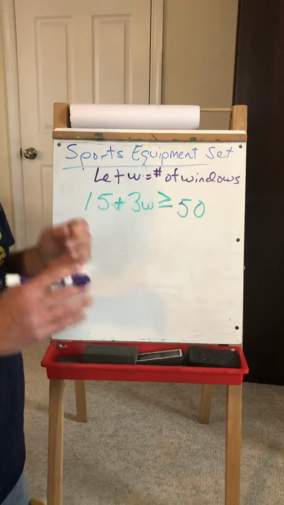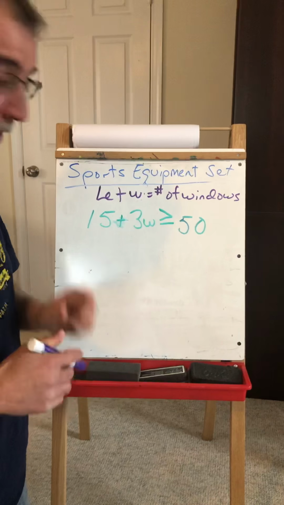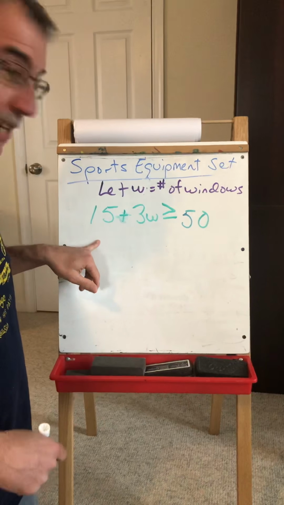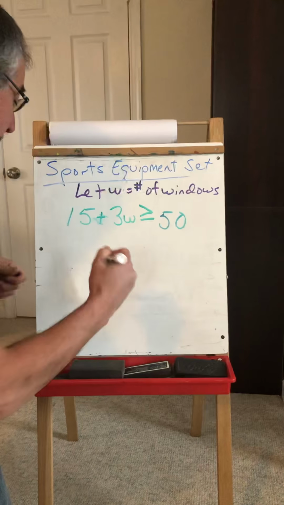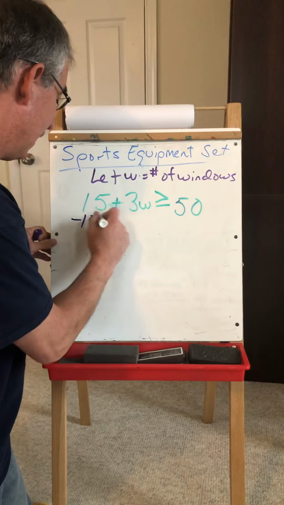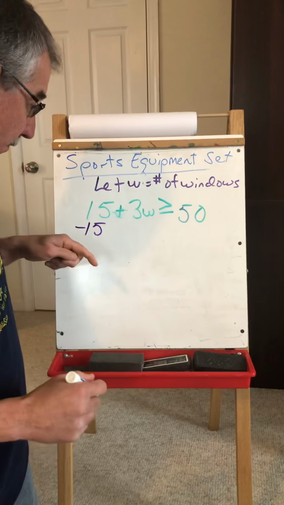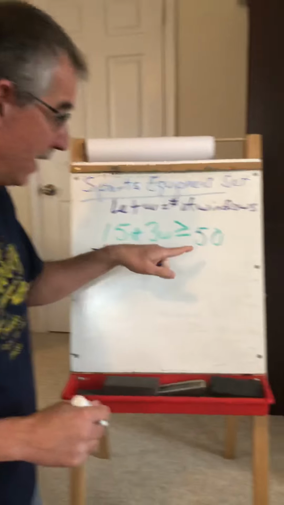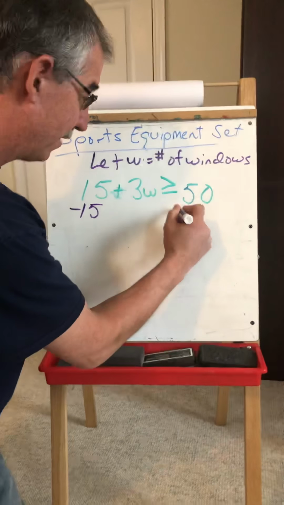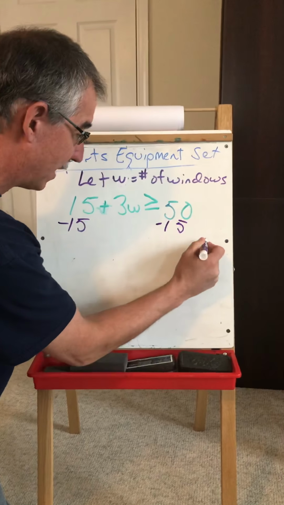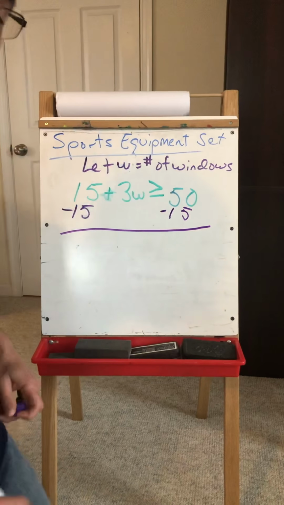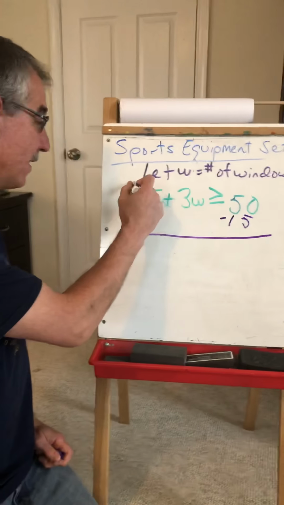So we start by moving the term that doesn't have the variable with it. I'm going to start over here on the left-hand side with the 15 by subtracting 15. And then the other rule is that whatever I do to one side, I must do to the other. So I'm going to subtract 15 from both sides. I'm going to draw a big equal sign. Now, next thing we're going to do is cancel out the 15s.